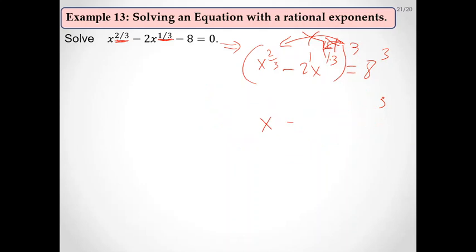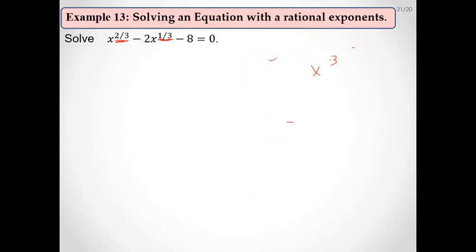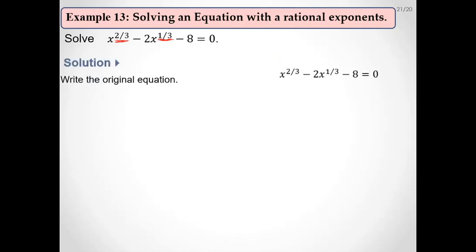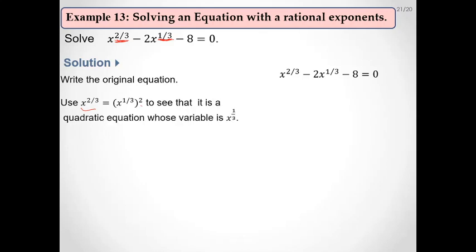I mean, the proper way of doing such thing is to see one important thing. This one important thing here is this one. x to 2/3 is equal to x to the 1/3 squared. So this is a quadratic equation whose variable is x to 1/3. So you can write it this way: x to 1/3 squared minus x to 1/3 minus 8.